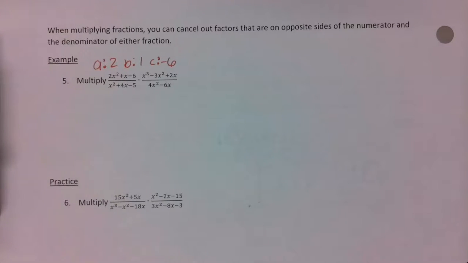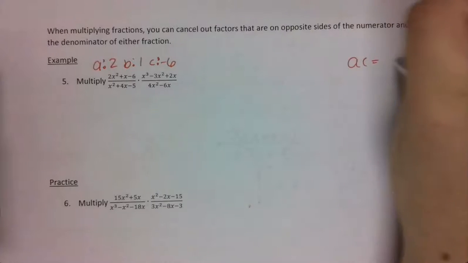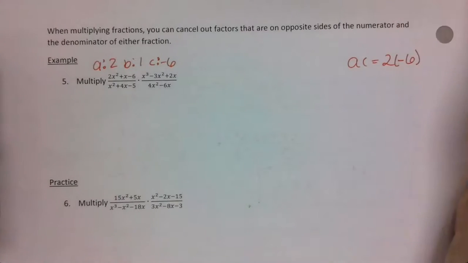So then I want to take my A and C values and multiply those together, which gets me negative 12.